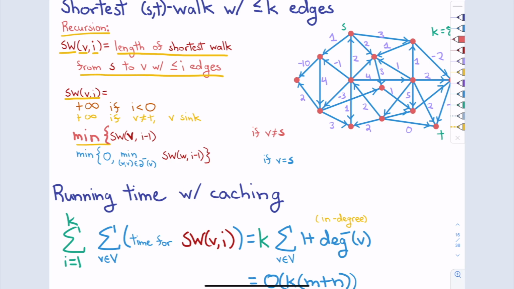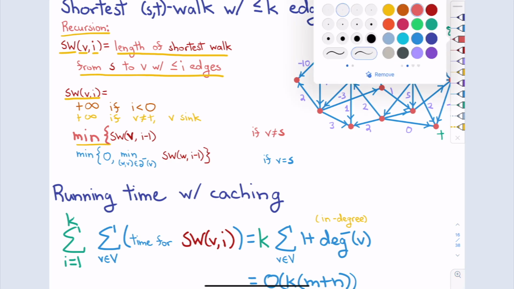Say if I'm doing i equal 10, this is using just 9 edges.